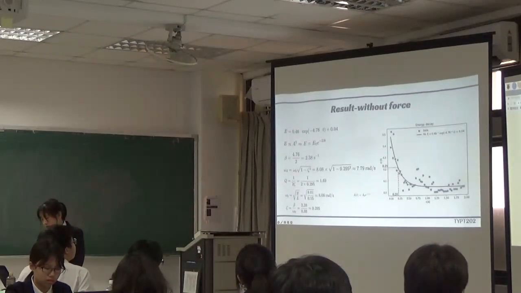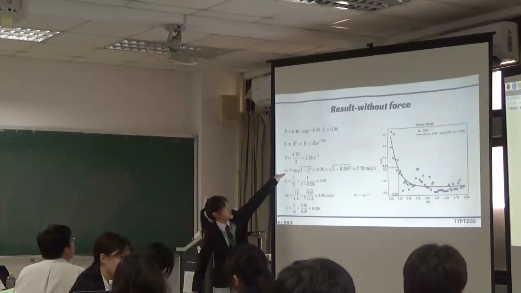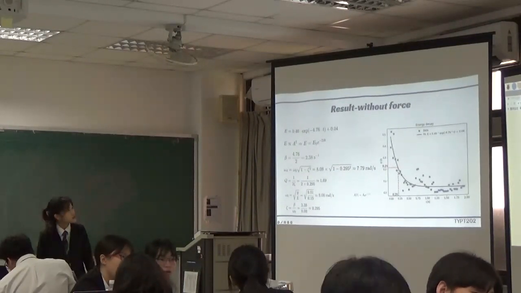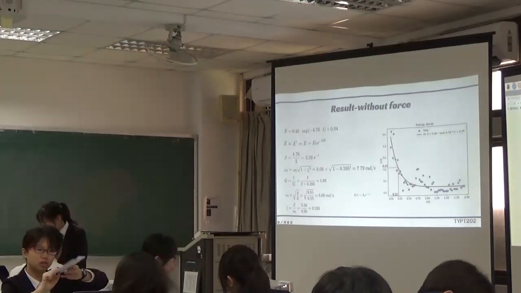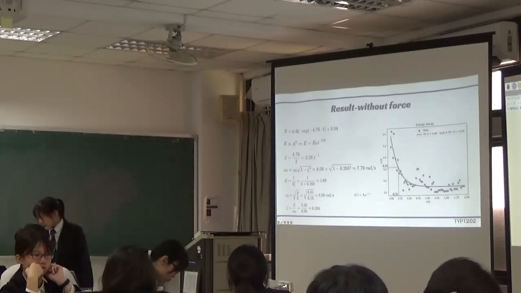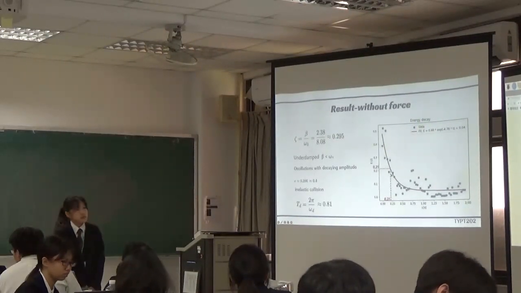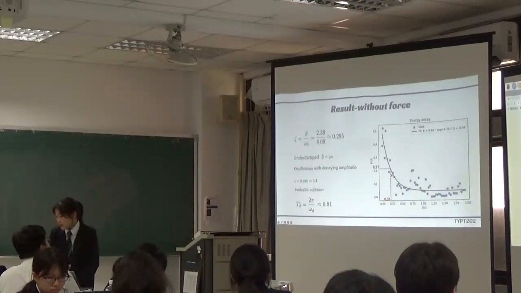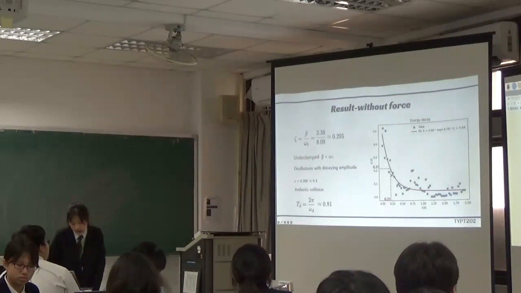The damped natural frequency is given by this one. And finally, the damping ratio is this. By looking into the damping ratio, you can know that this system is underdamped, which means oscillation with decaying amplitude.